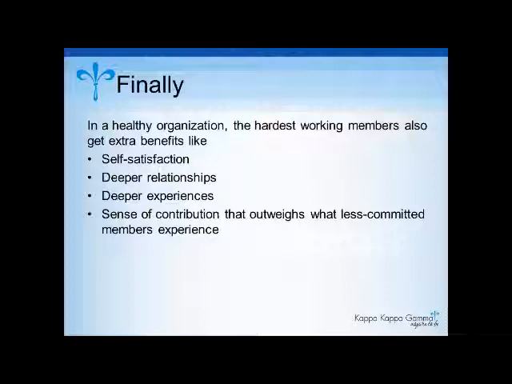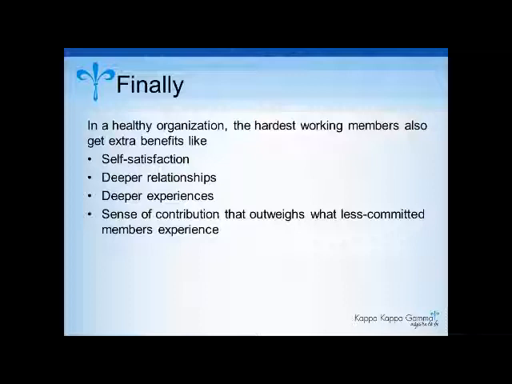All right, so finally, as we talk about in a healthy organization, the hardest working members also get the extra benefits. So while they're annoyed and upset and it's not fair, ultimately they're reaping the benefits of being active and involved. They have better self-satisfaction, they develop deeper relationships, deeper and better experiences than those who are not committed and aren't around.